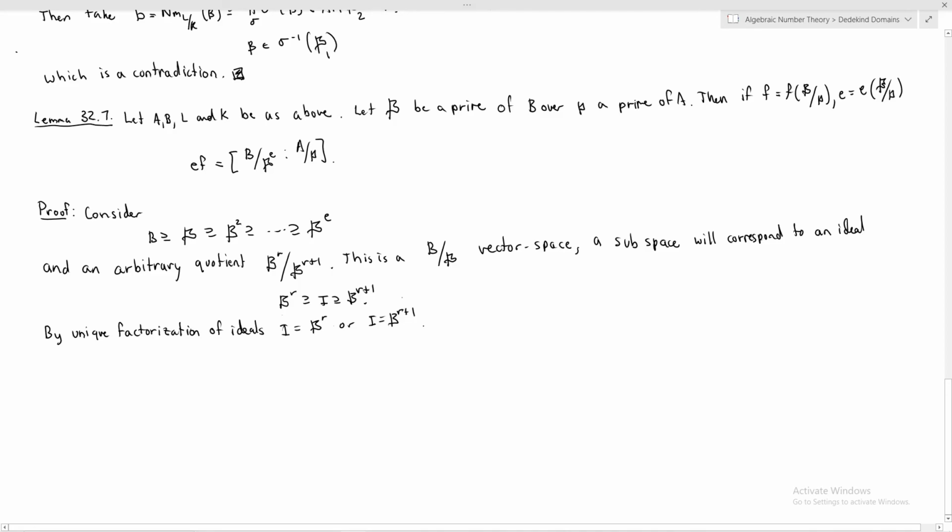What does this tell us? It tells us that there are only 2 subspaces of this guy. There's a 0 subspace corresponding to this one, or the whole space corresponding to this one.